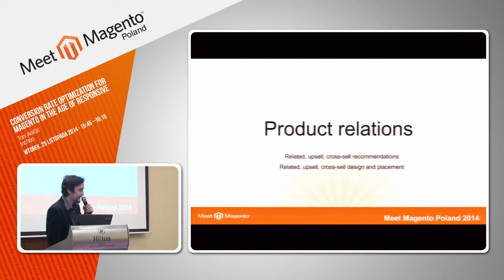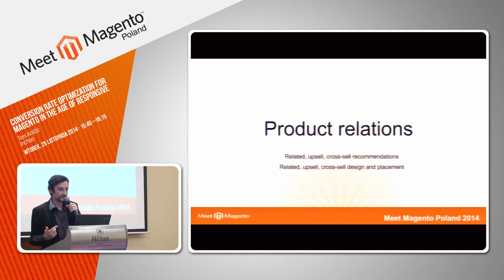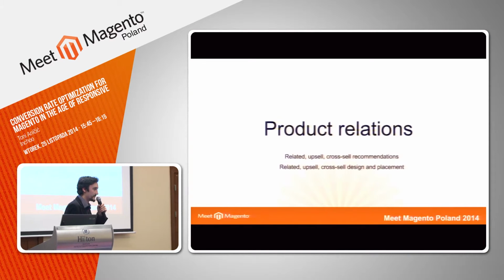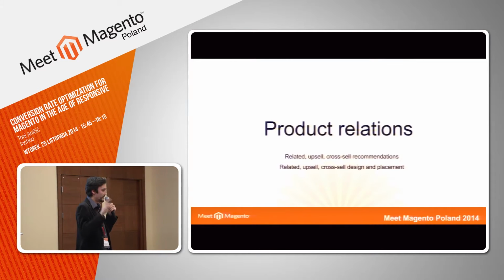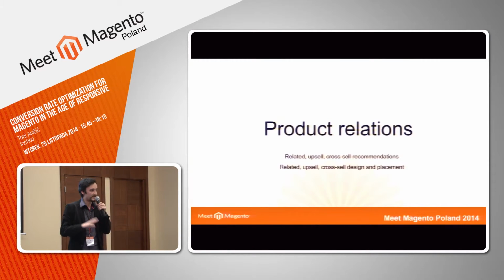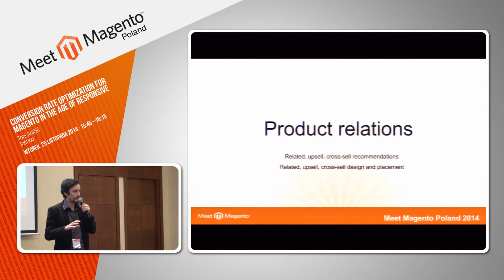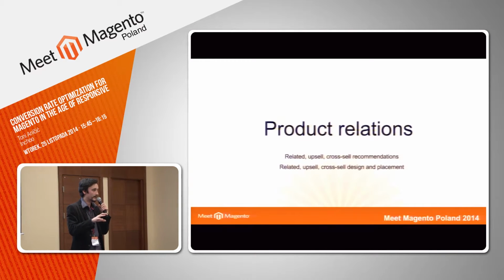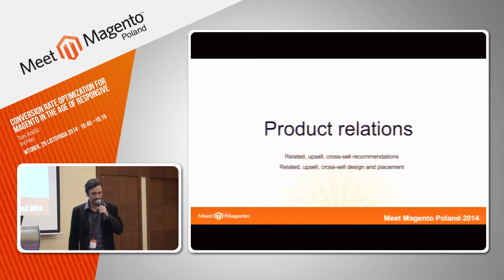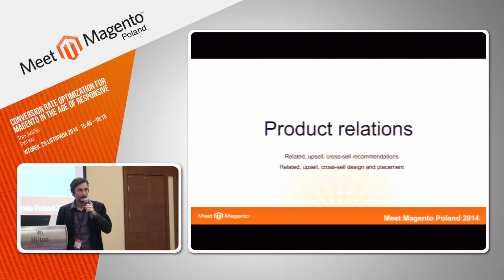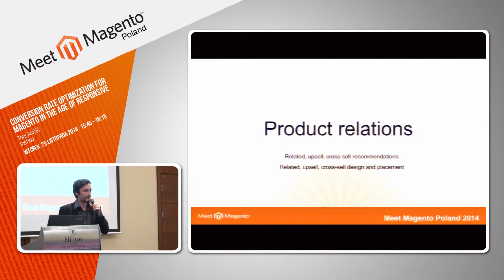Product relations, those are your related products, upsells, cross-sells, and their recommendations. In Magento Enterprise Edition, there are automated product relation rules. You can set different kinds of rules and play around with what gets recommended in your related products, upsells or cross-sells. And there are many third-party providers of product recommendations.